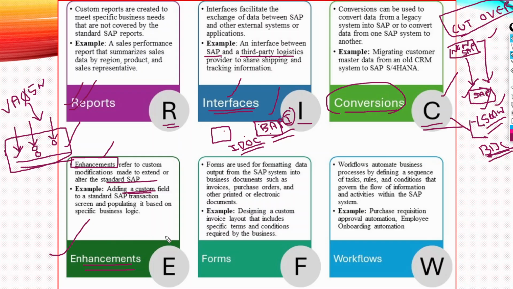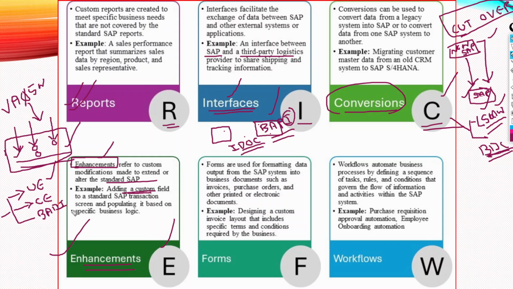When we discuss enhancements in detail, we will understand what user exits are and what the purpose of user exits is. We are going to understand what customer exits are, and we will even try to understand BAdIs. There is a reason I am mentioning all this in this sequence.